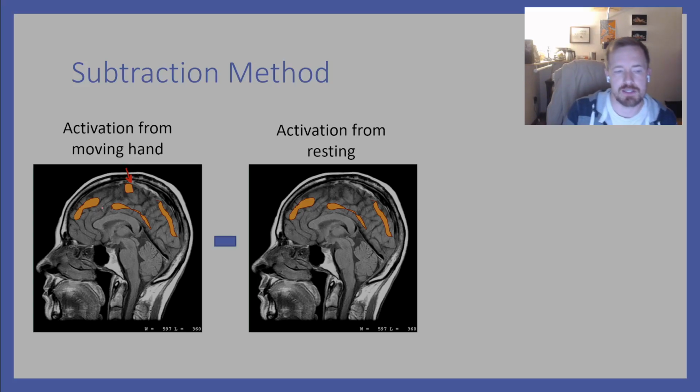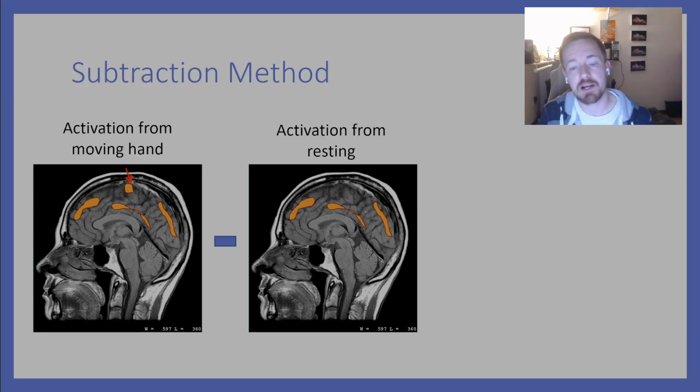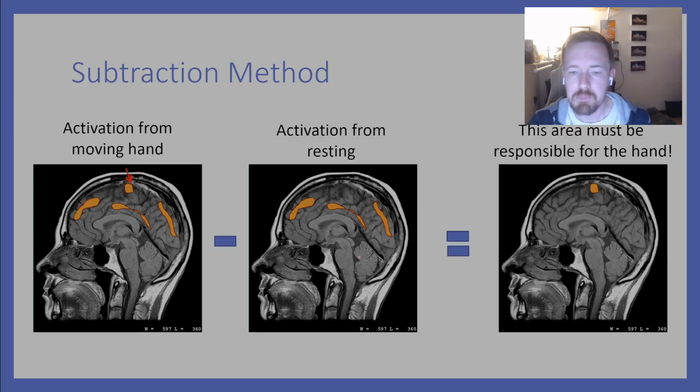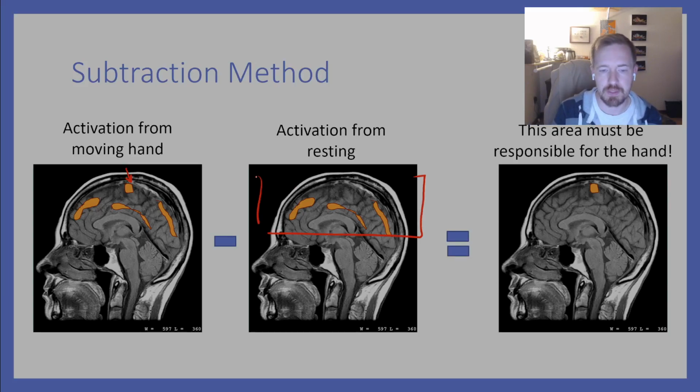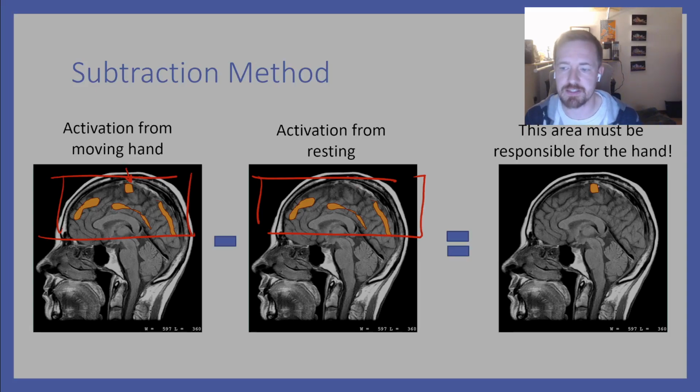What this shows us is that this area is active when we're moving our hand, and this area is active when we're not moving our hand, which means that if we subtract this activation from this activation, what's left is this unique area that is only active when we are moving our hands.